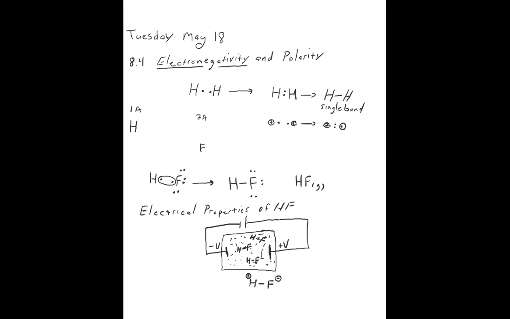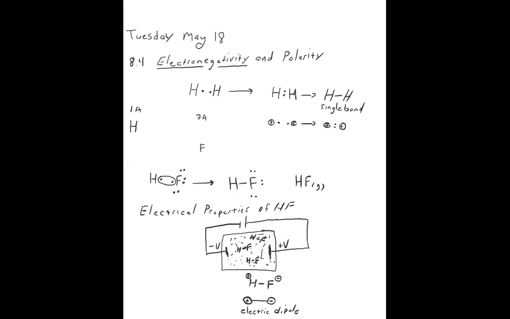And so what happens then is that when you have charges that are separated by a distance, you can model that with thinking of just a little stick with a negative end and a positive end, right? And we call this an electric dipole. D-I-P-O-L-E, two poles, right?